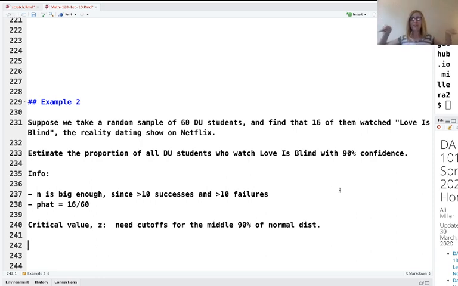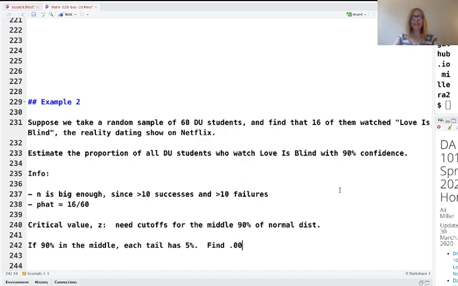Imagine my head is the normal curve. If there's 90% in the middle, that means each of the two tails has to have 5%. Each tail has 5%. 5%, 90%, 5%, that's everything.